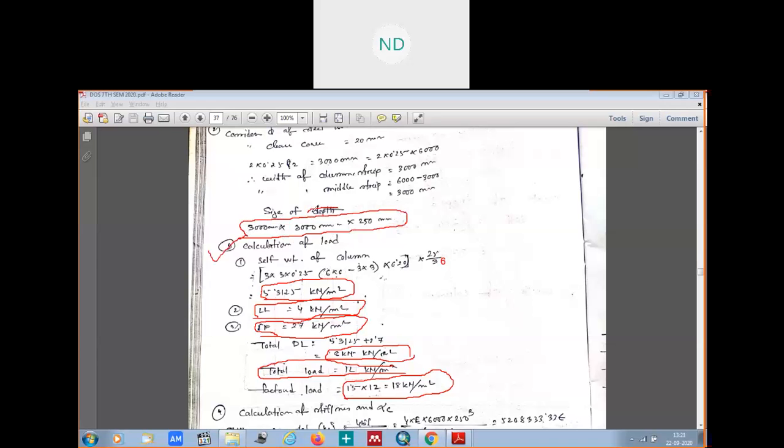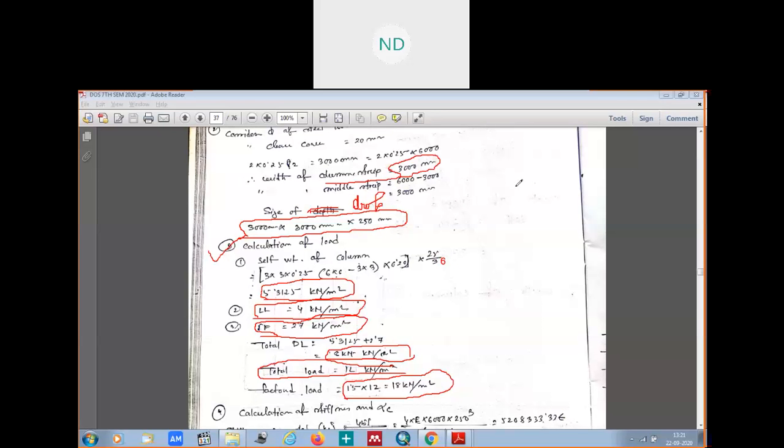So this is the drop. To calculate the self weight load of this drop, we have to know the size. So to know the size, you have to know the width of the column strip. Why? Because your drop is always equal to the size of the column strip.